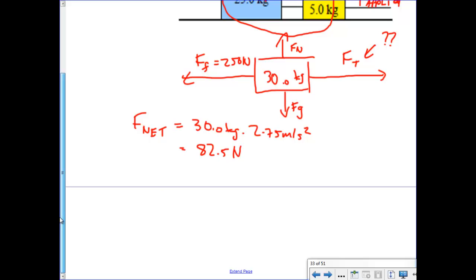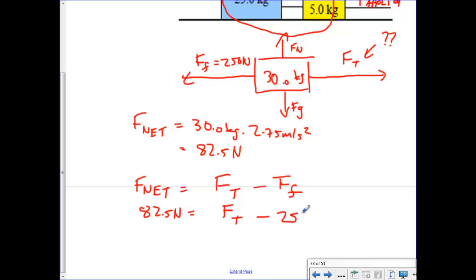Now, if you want to write this out step by step, you could have said this. The net force would be equal to the tension force minus the friction force. We know the net force is 82.5. We're looking for how much tension we're applying on the rope to make it move, and we're going to subtract the friction force. So then, how do you get tension force by itself?